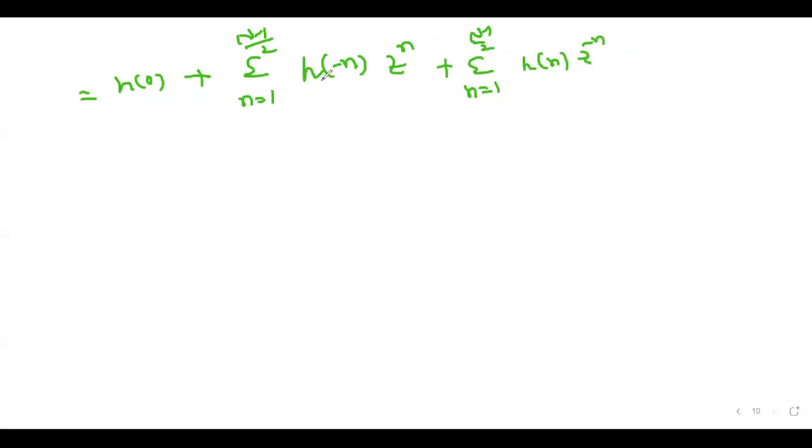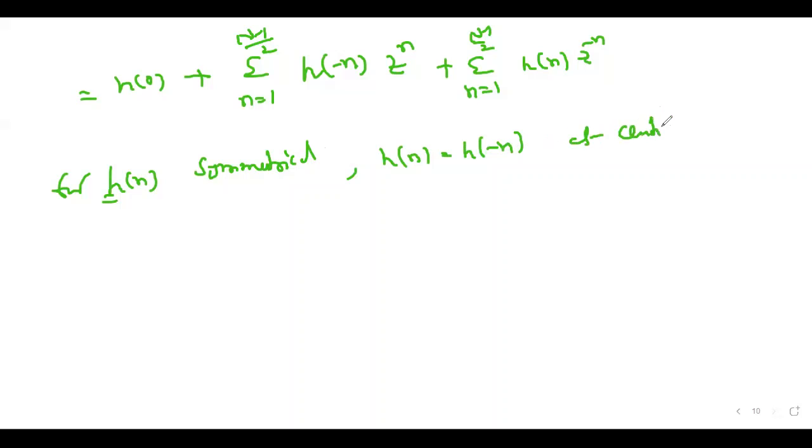So when you club these two and assume h of n is symmetrical, h of n is equal to h of minus n about the center 0.